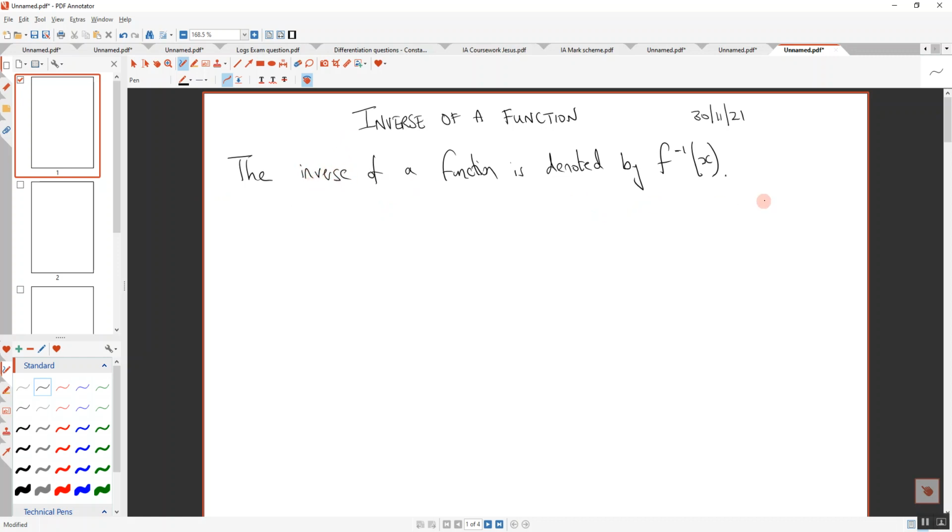Okay. And the inverse function reverses the action of that function. So it's like the opposite of the function.